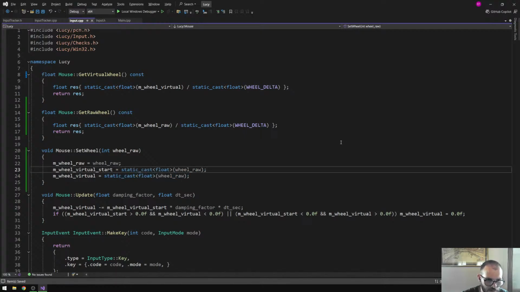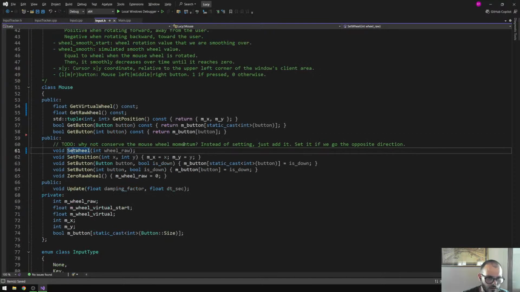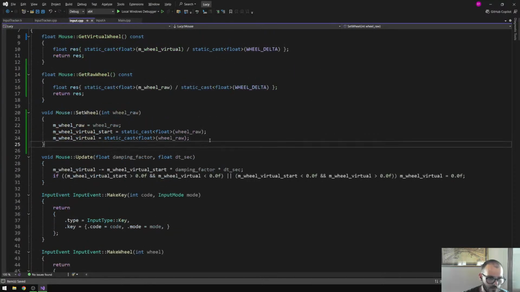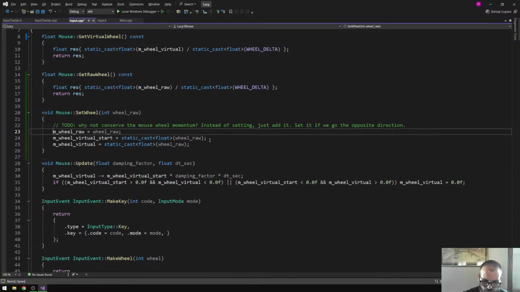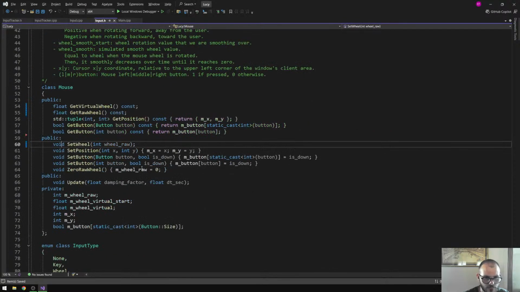Wheel raw, wheel virtual start, wheel virtual. And here we put the to-do for the momentum thingy.